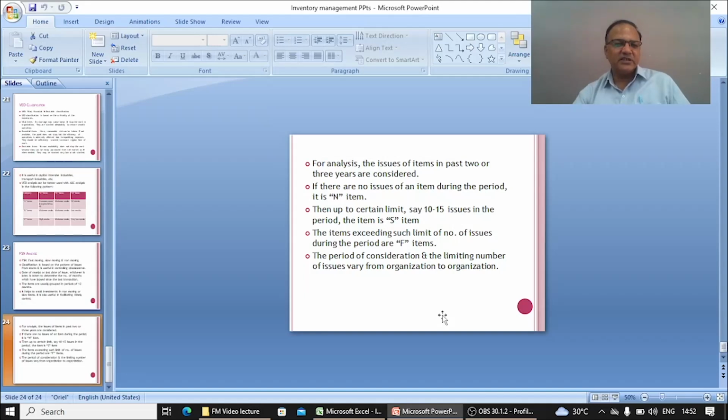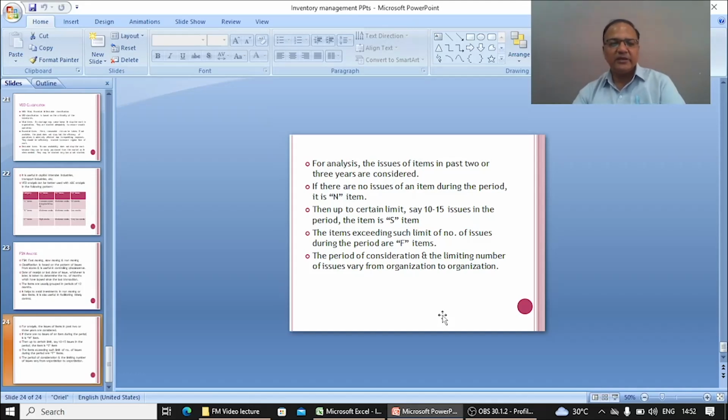For analysis, the issues of items in the last 2 or 3 years are considered. If there are no issues of an item during the period, it is an N item. Up to a certain limit, say 10 to 15% issues in the period, the item is an S item.